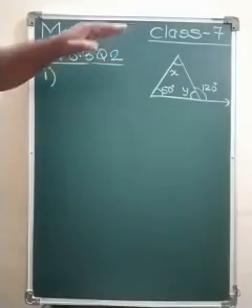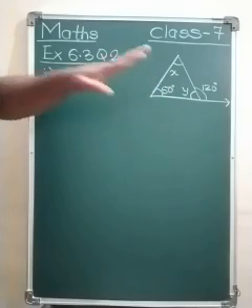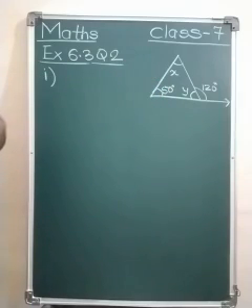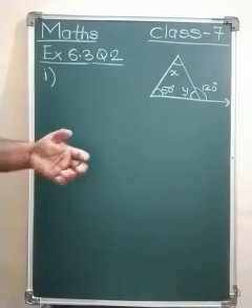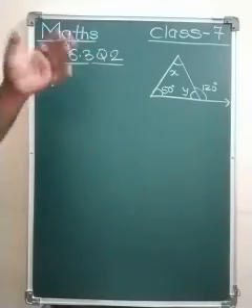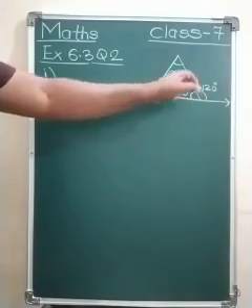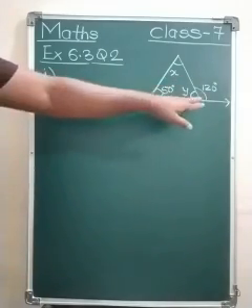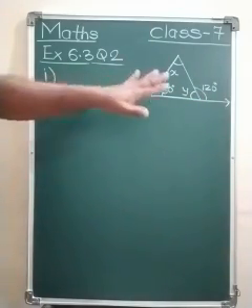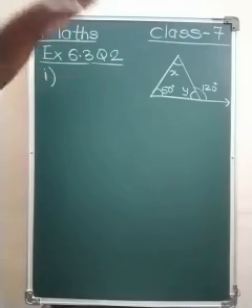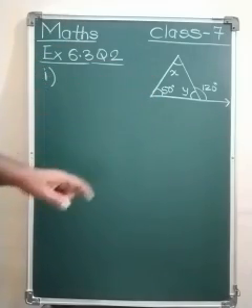Now though this is based on the angle sum property, you have to apply the other properties also that we have learned earlier. Now here we can see an exterior angle is given, so exterior angle property can also be applied here.